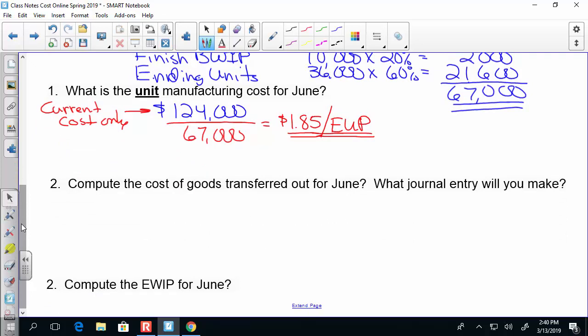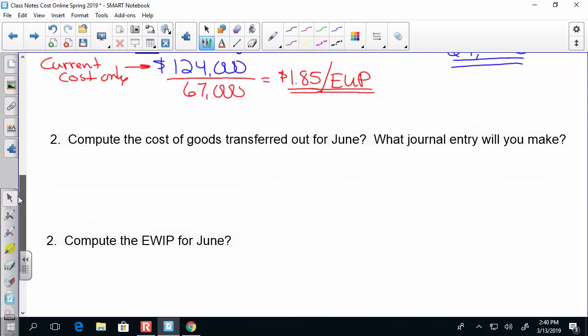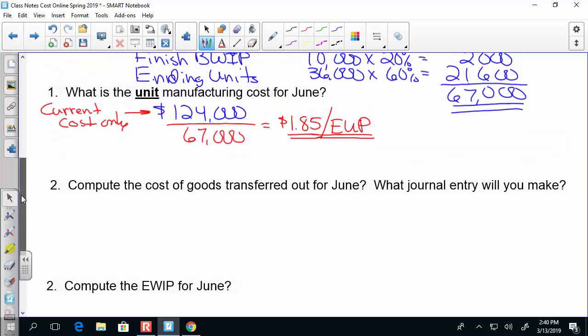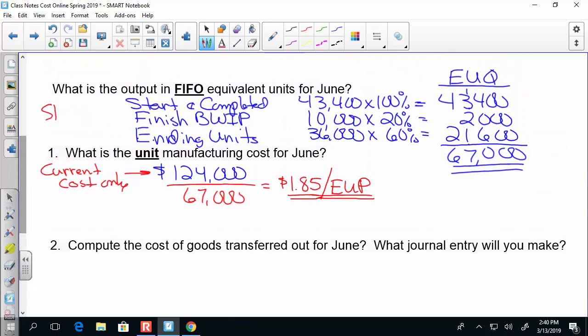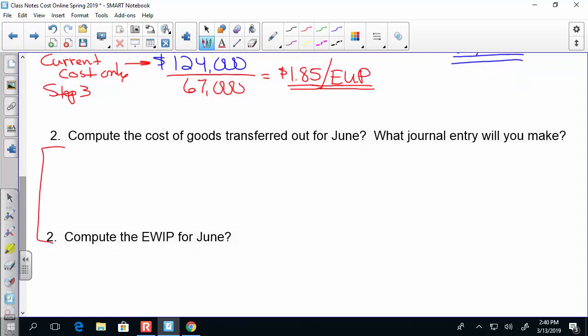So, as we go on here then, we do the same steps. So we've got step 2 done, which is come up with this equivalent unit. The book says this is step 2, getting the equivalent unit. Coming up with the cost per equivalent unit is step 3. Step 4 then is to split the cost between what went out again, right, and what remains in ending WIP.